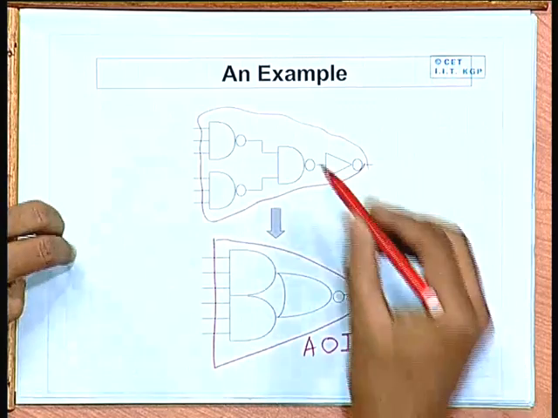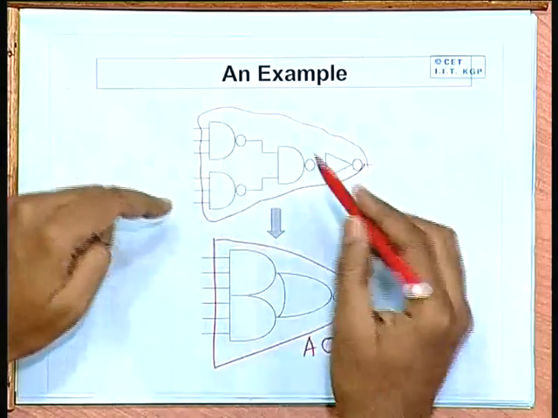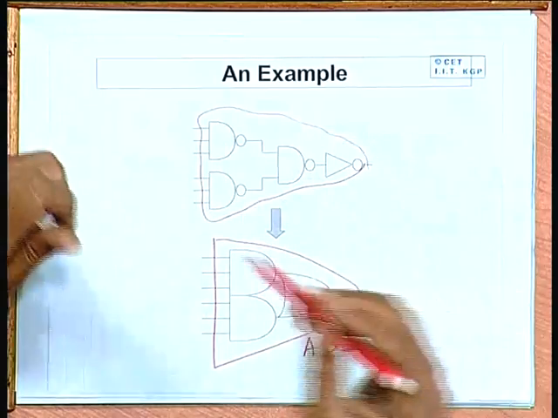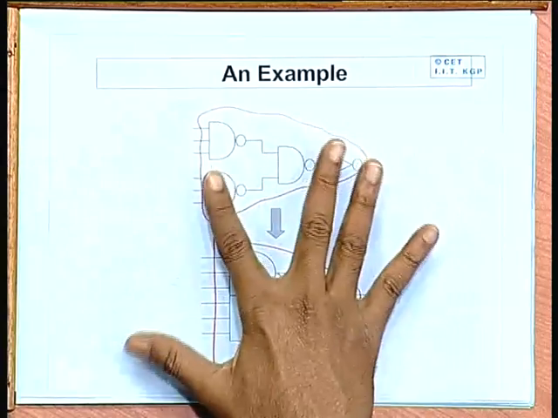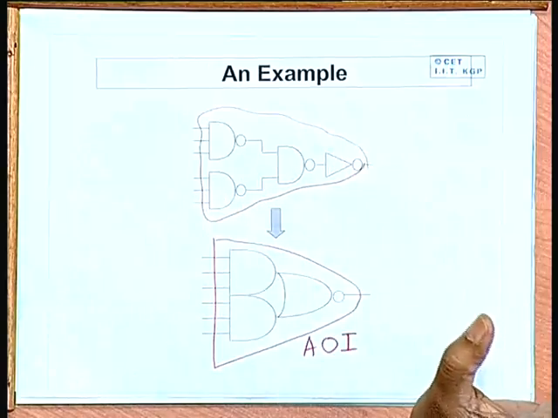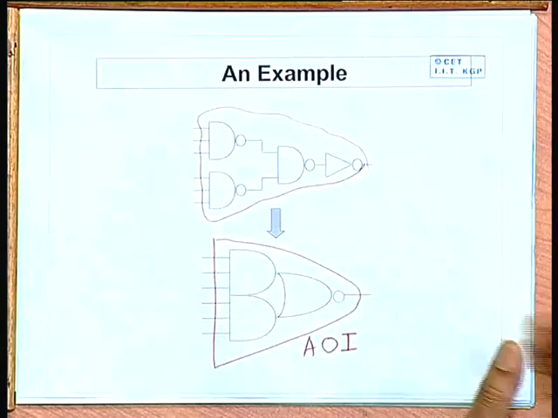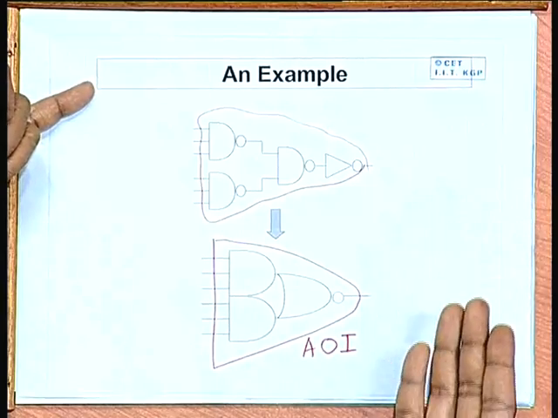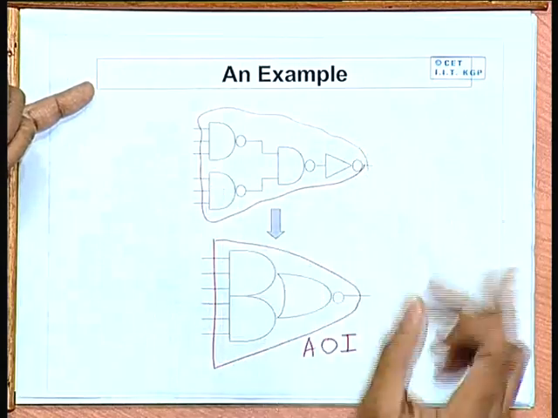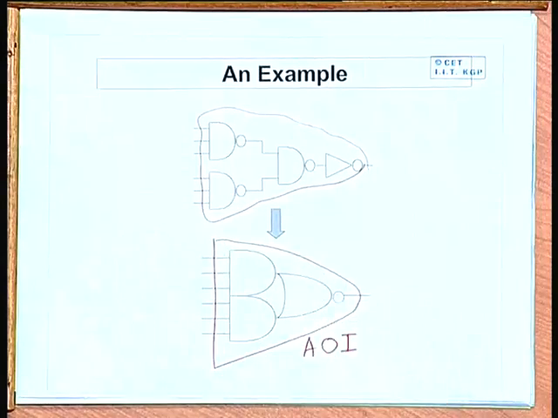Okay. So, the idea is simple. You have a big netlist of gates, you try to find out the small subcircuits from there which match some netlist available in your technology library, and if you find a match, replace it by the corresponding component of the technology library.